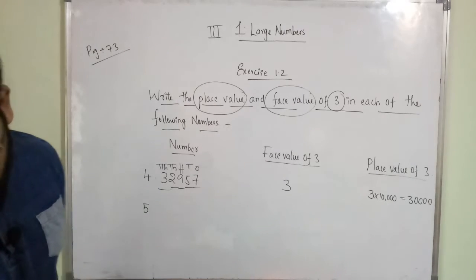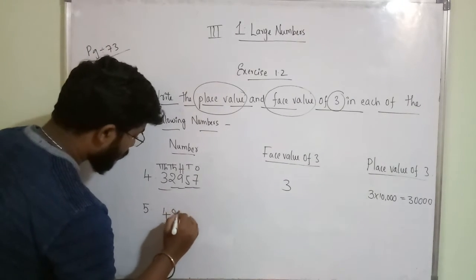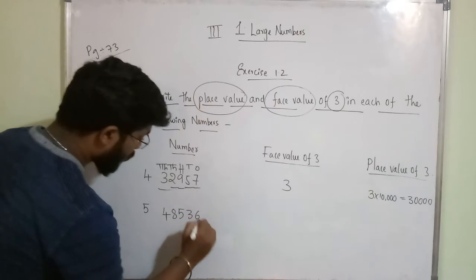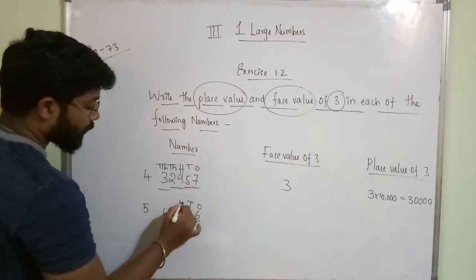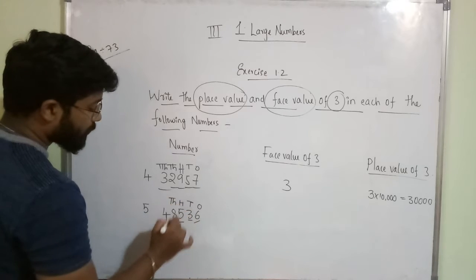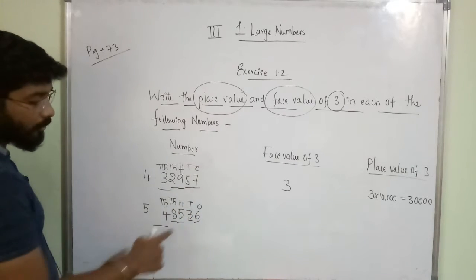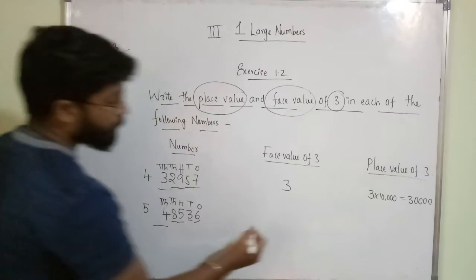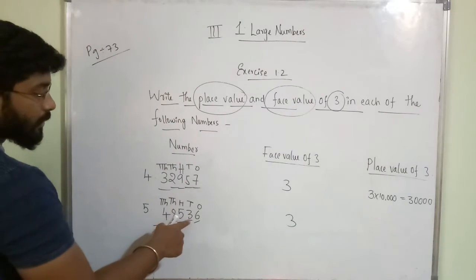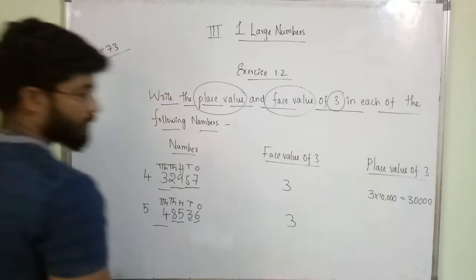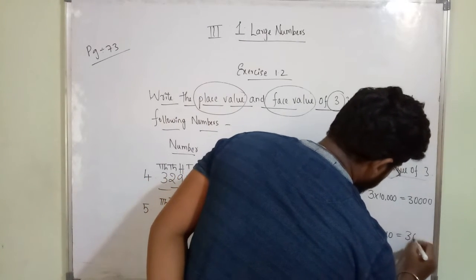Okay, 48,536. So this is ones place, tens place, hundreds place, thousands place, 10,000s place. Here we want about 3. The face value of 3 is 3 only. Place value means 3 is in which place? Tens place. 3 into 10 is 30.